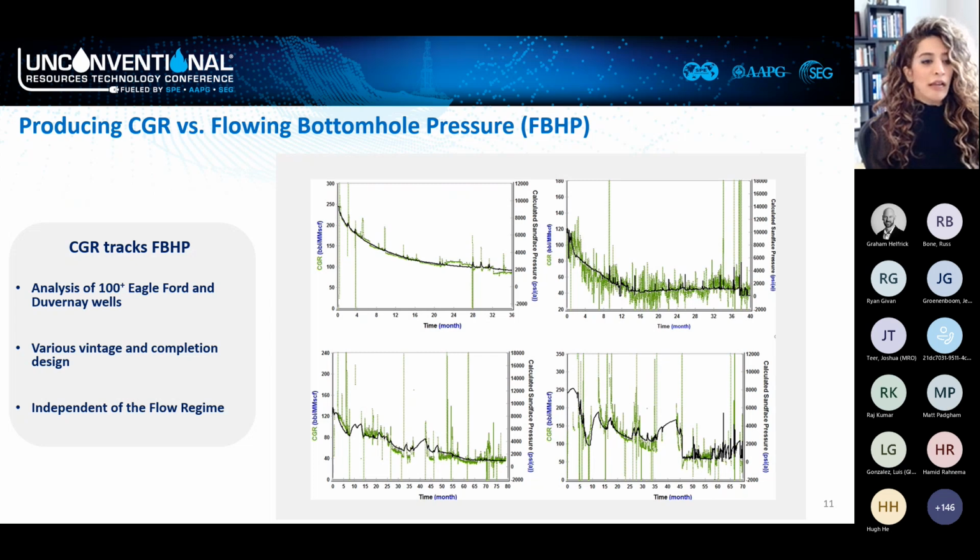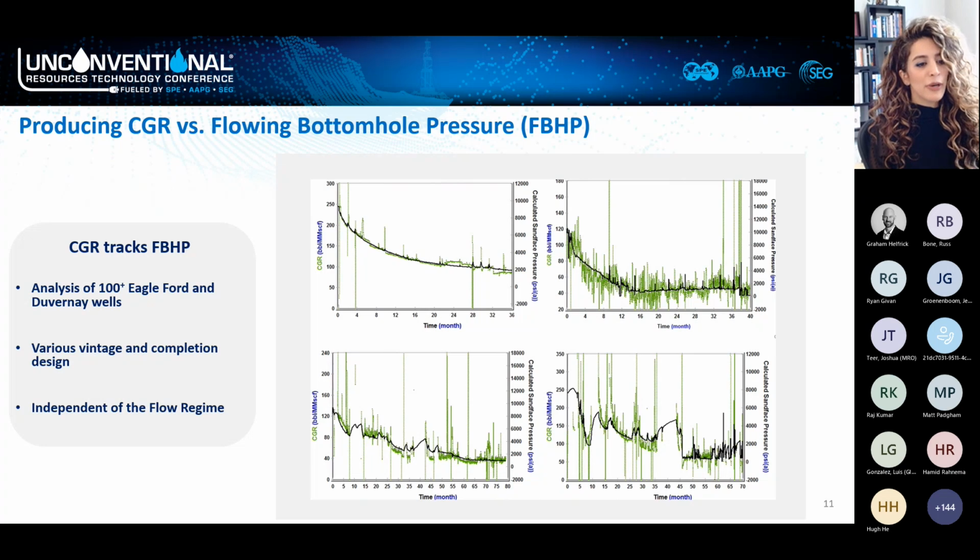So analysis of many wells in the Eagle Ford and Duvernay had shown us that producing CGR will always follow the flowing bottom hole pressure. We looked at more than 100 wells, from different vintages, different completion designs, different degrees of richness, different areas and different plays.